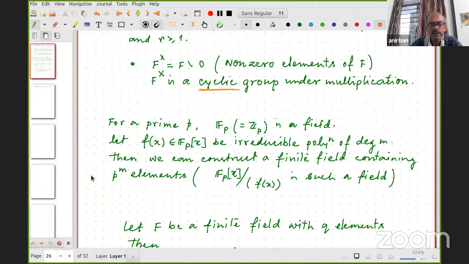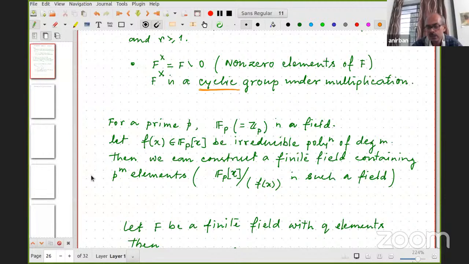In fact, we defined an equivalence relation on this polynomial ring Fp[x], and the equivalence classes form a field of p to the m elements.